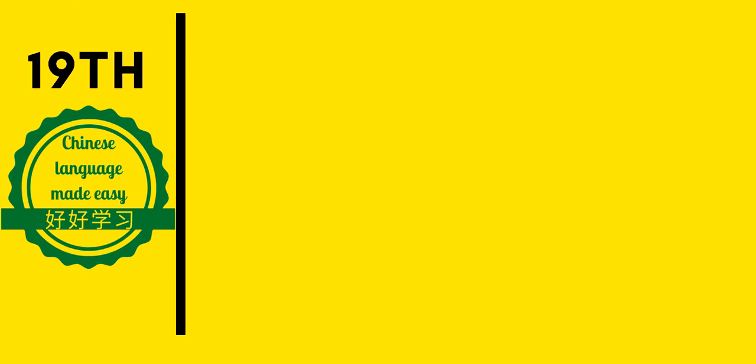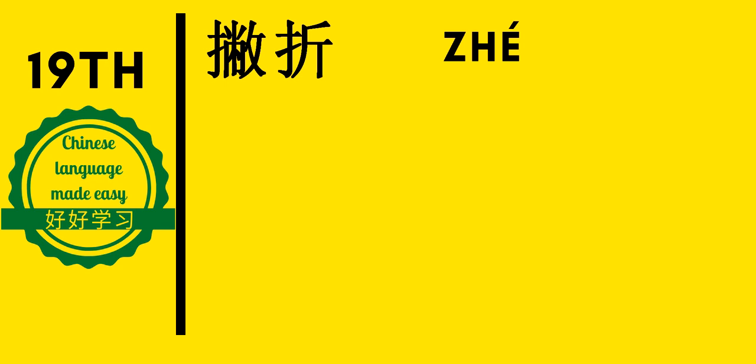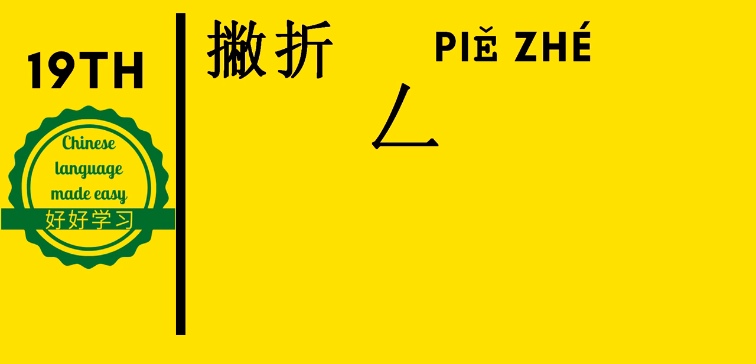The 19th stroke is 撇折. This is the symbol for it, and it is known as the left falling turning. You can see that it has a pie, and then it has a turn.